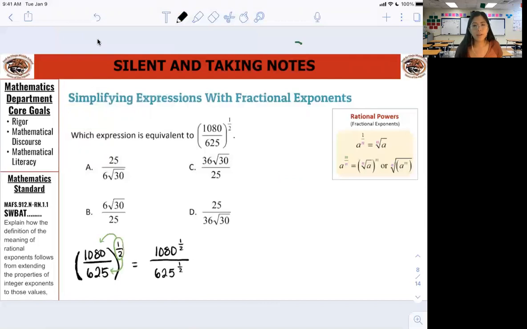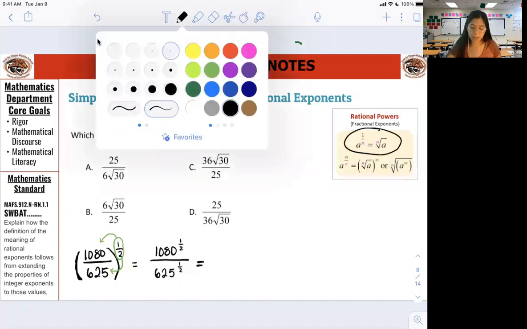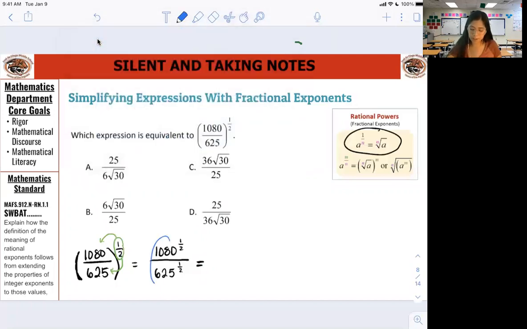Well, now I have an exponent that is a fraction, so I can follow my rule for rational powers, fractional exponents. How can I rewrite this as a radical? Subtract? Well, no. We're not going to subtract, because in order to subtract, it has to have matching bases.